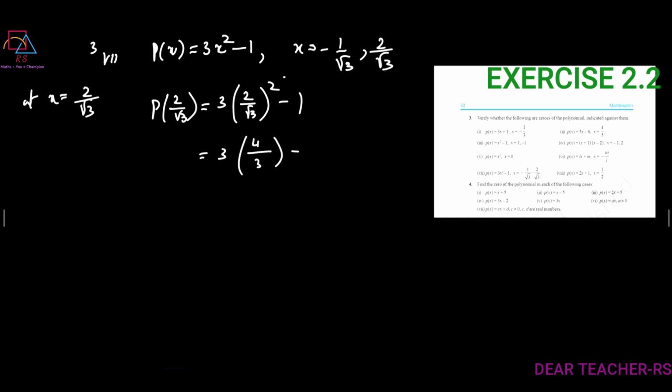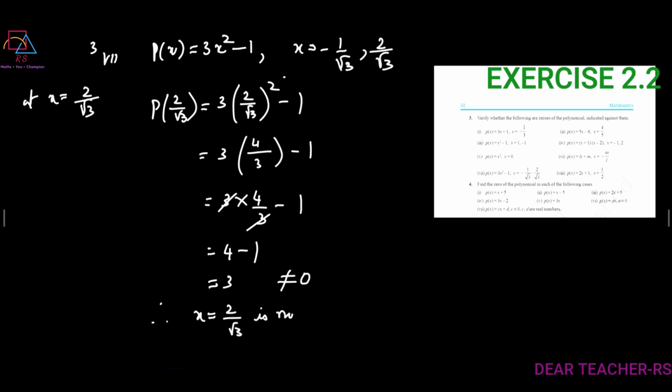So 3 into 4 upon 3 minus 1, 3 will get cancelled. 4 minus 1, 3. That means not equal to 0. Therefore, x is equal to 2 by root 3 is not a zero of p(x). So in this way, do the rest of the bits in this question.